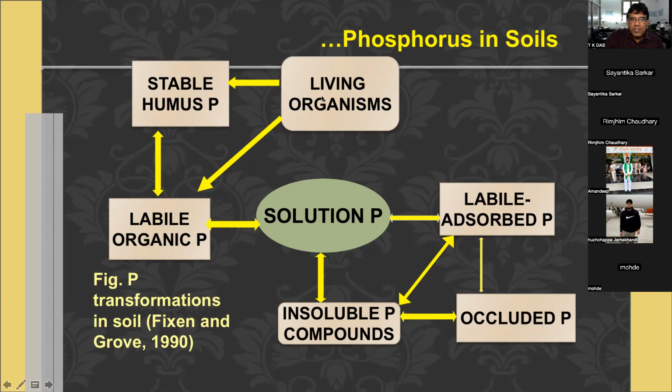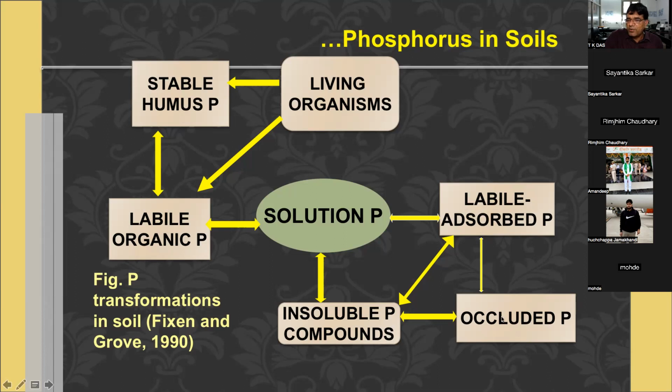Some living organisms can also directly give labile organic phosphorus, or do so by attacking the stable humus phosphorus and making it labile organic phosphorus. And then see the inorganic kind of phosphorus, labile adsorbed phosphorus. This is exchangeable phosphorus, and then it can be converted into aluminum or iron phosphates.